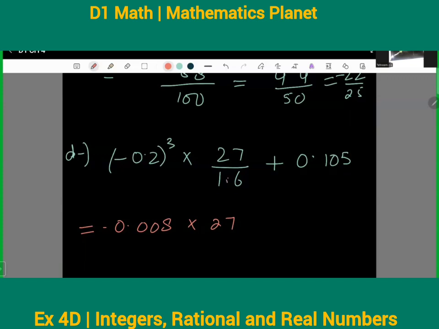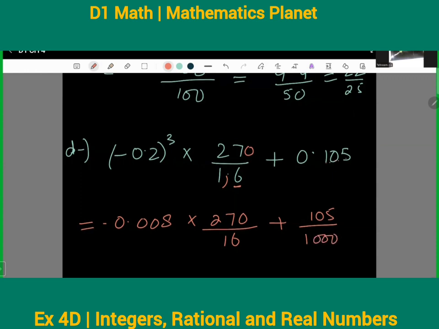If I finish this decimal, there is one number after the decimal, so I will get 10 in the denominator with 16. Plus, if I finish this decimal, there are three digits after the decimal, so I will get 3 zeros in the bottom.